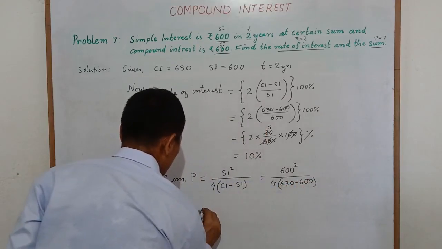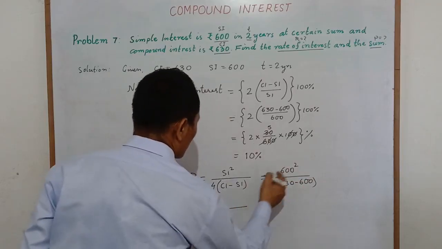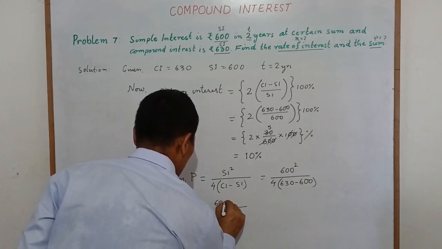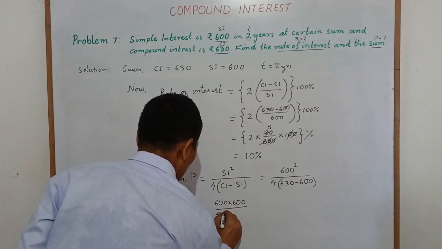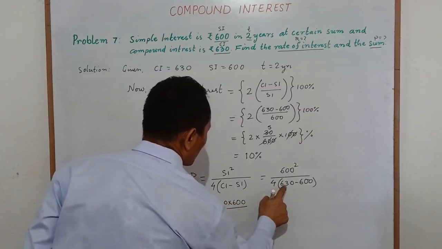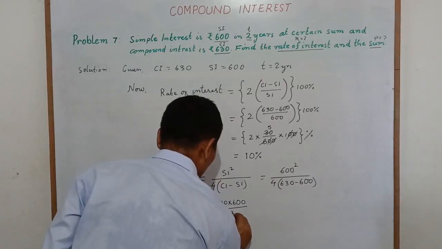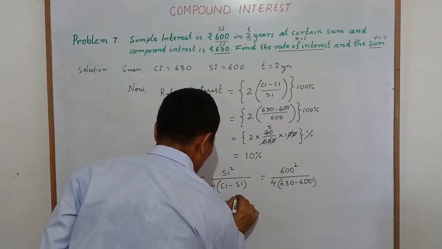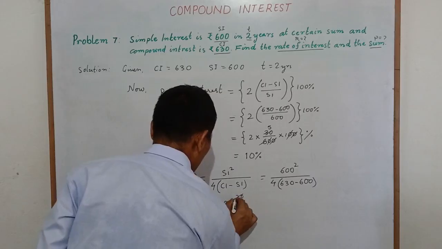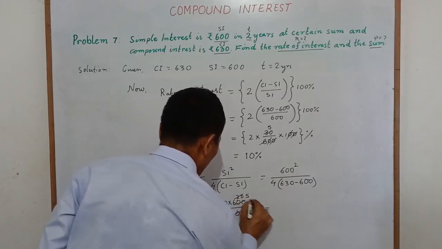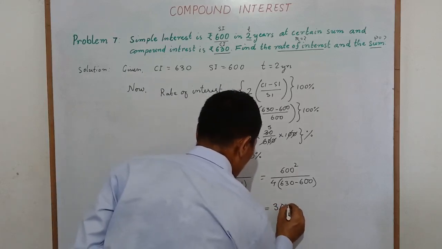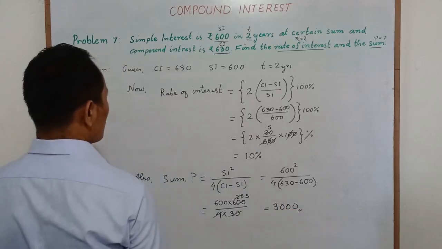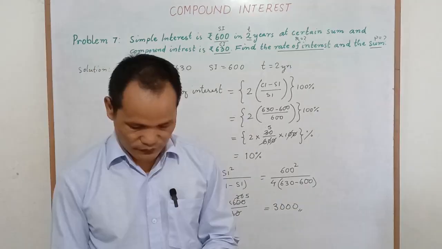So 600 into 600 divided by 4 into 30, which gives 5 into 6, so 30 and 000, principal is 3000.